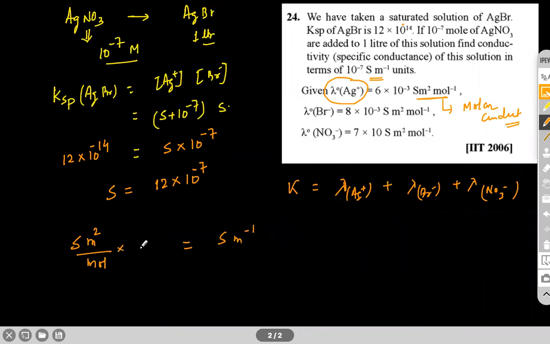You have to divide this by mole per liter, means concentration you have to divide over here, because liter is nothing but meter cube. Okay. 1 liter is given, so mole per liter. Now this mole per liter is 1000 meter cube, right? So we can write here 10 to the power minus 3 S meter inverse we get.